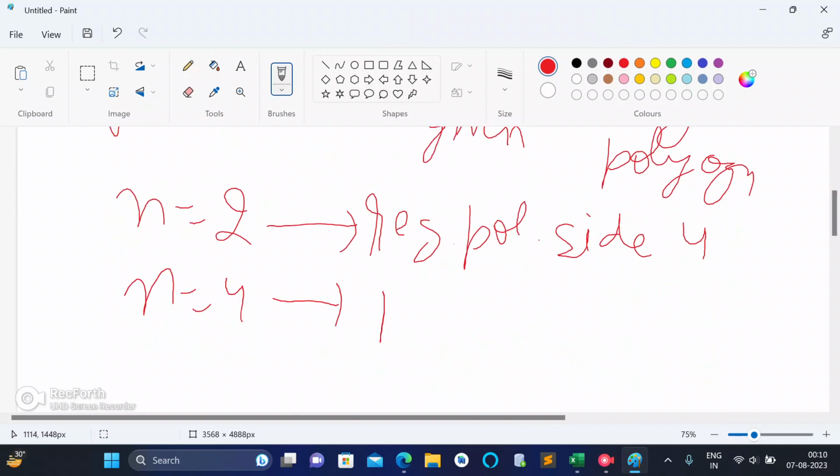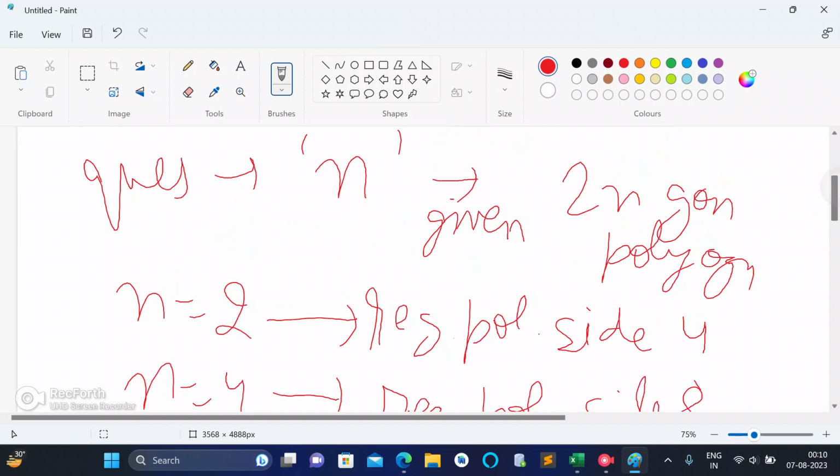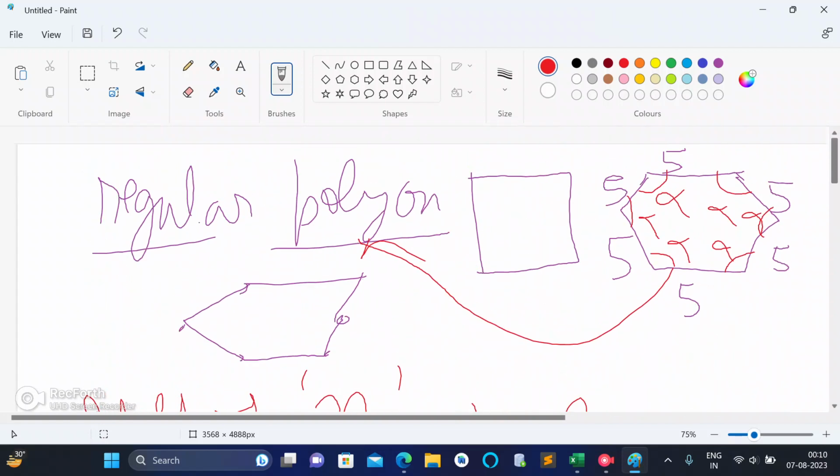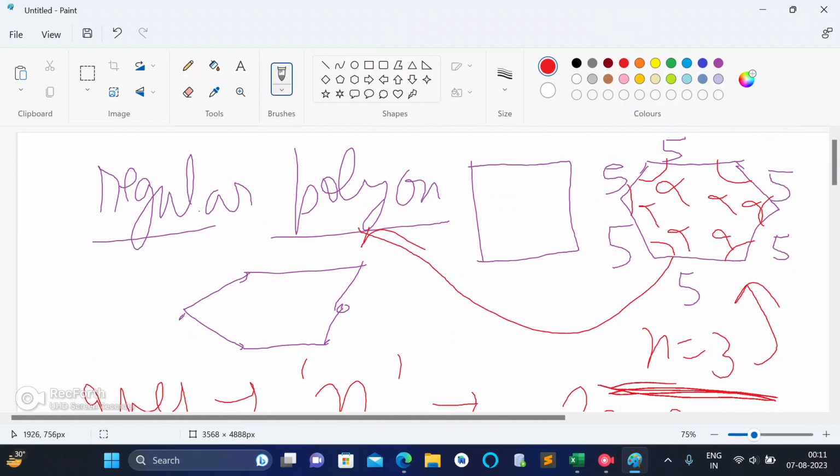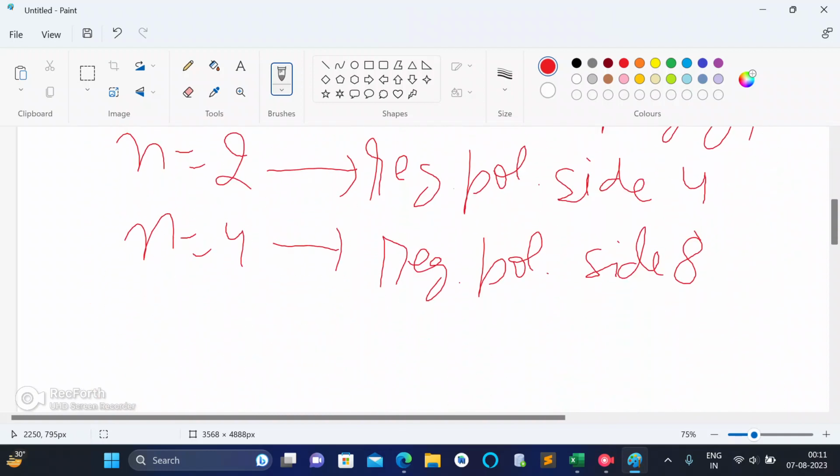If n is equal to 4, I have been given a regular polygon of 8 sides. Here in this case n is equal to 3, so I have been given a regular polygon of 6 sides. Clearly n is equal to 3, therefore 2n is equal to 6.